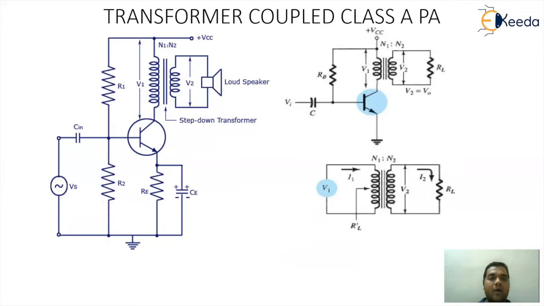So the collector is now as good as the primary coil of the transformer. It is as good as the energy being transferred from the transistor to the primary side of the transformer. From the primary, the energy will be given to the secondary by the effect of coupling, and the energy will be coupled with the load. That's the reason the circuitry is called a transformer coupled class A power amplifier.